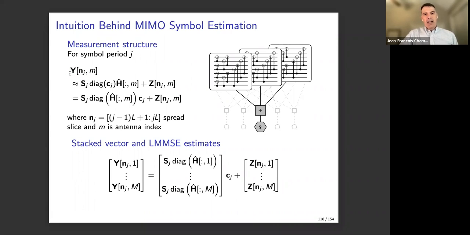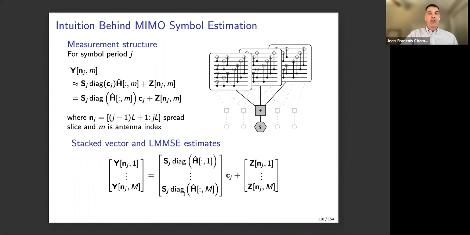So if I understand this, I can write my received signal as the spreading sequences that were used, times the diagonal of the codeword, times my channel estimate, plus some noise. Here there's an approximation because I don't know the true channel, I'm using a channel estimate. But once I do that, this is still a matrix, so I can unravel this matrix and stack it.